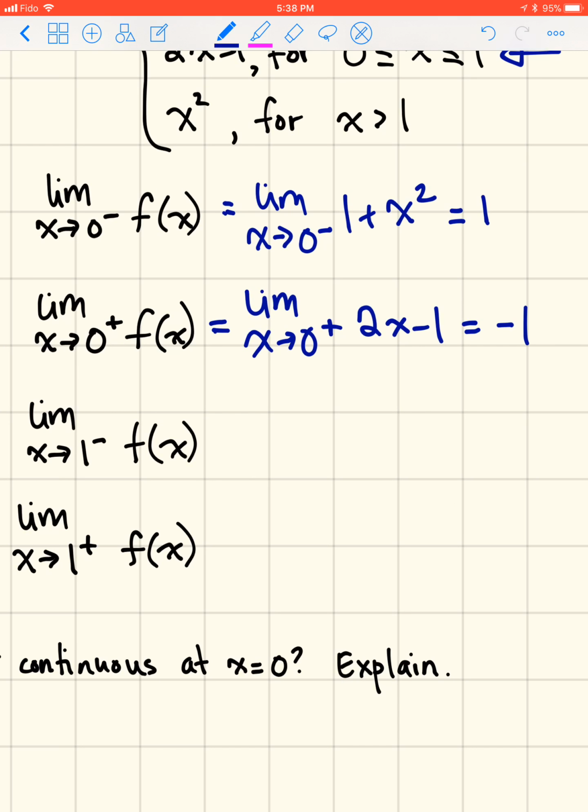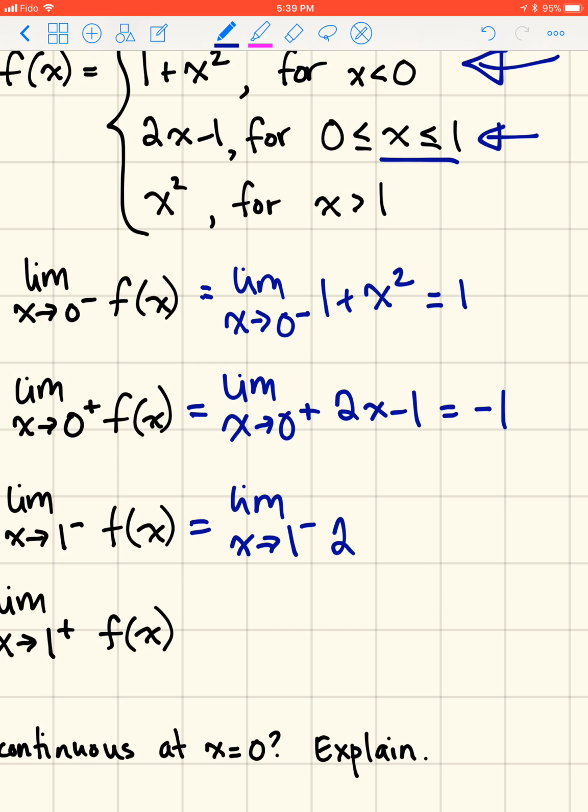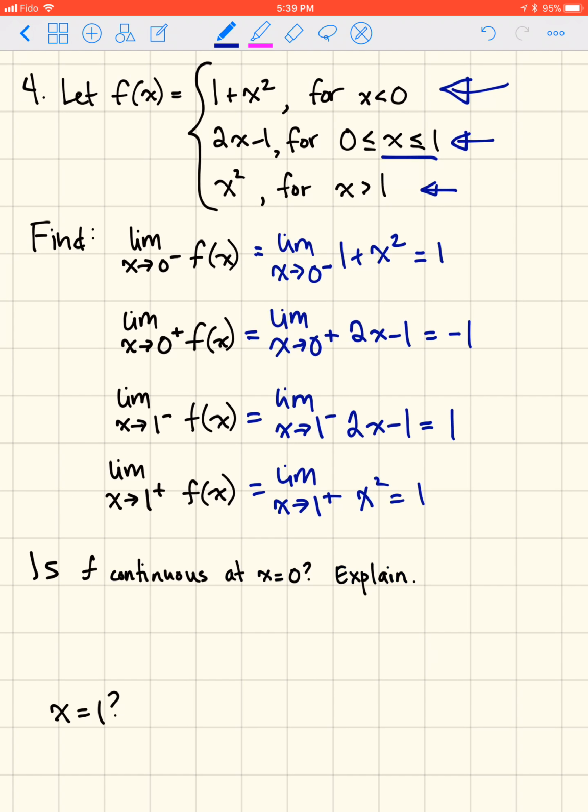Now if we come at 1 from the negative side, or from the left if you prefer, that's the second part of our function where x is less than or equal to 1, so it's 2x minus 1. When we substitute in 1 for x, 2 times 1 is 2, subtract 1 is 1. And finally, when we come at 1 from the right, we're using that last part of the piecewise function, which is x squared, equaling 1. So we found the 4 limits.